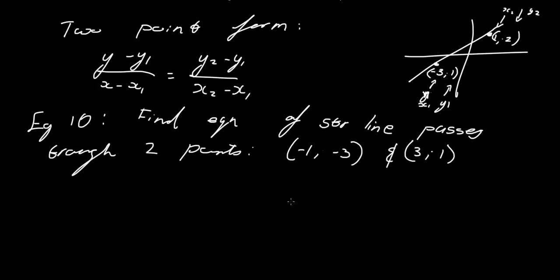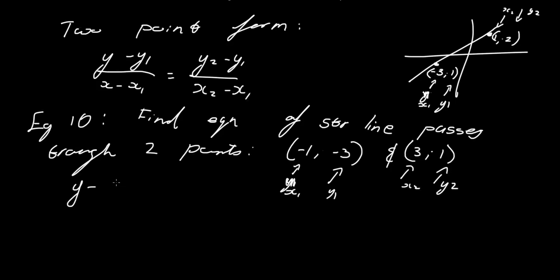So let's quickly substitute in. It doesn't matter which pair of coordinates you choose as number 1 and number 2, but let's just do it this way. x1, y1, x2, y2. Okay, so let's substitute in.